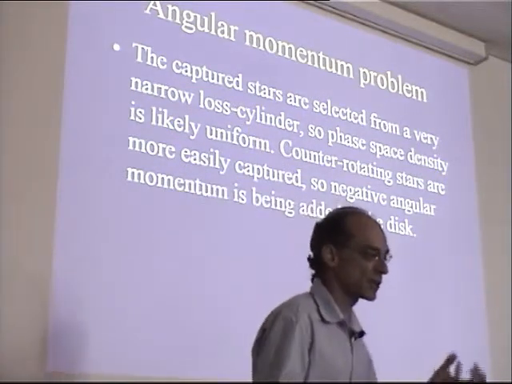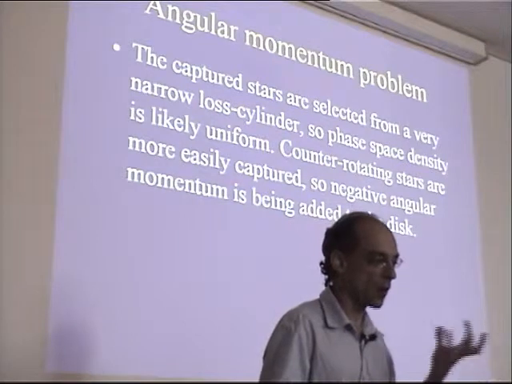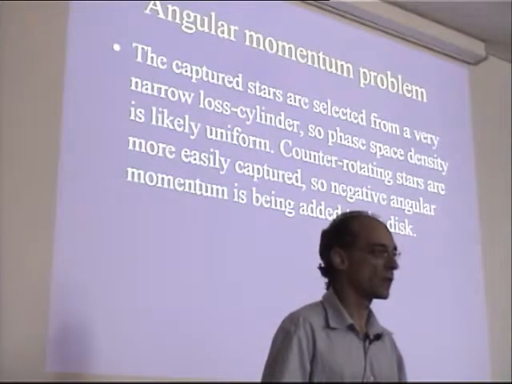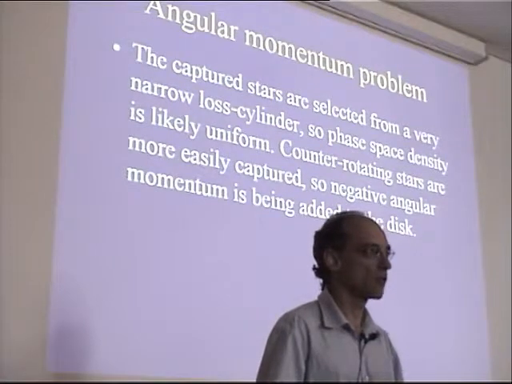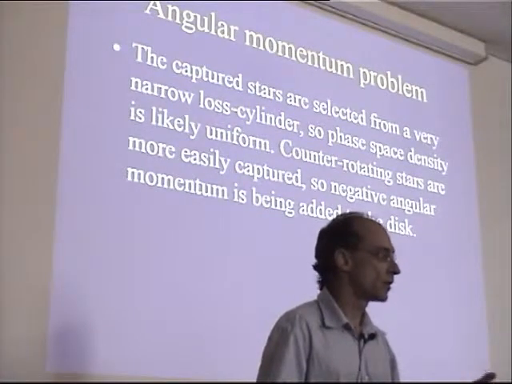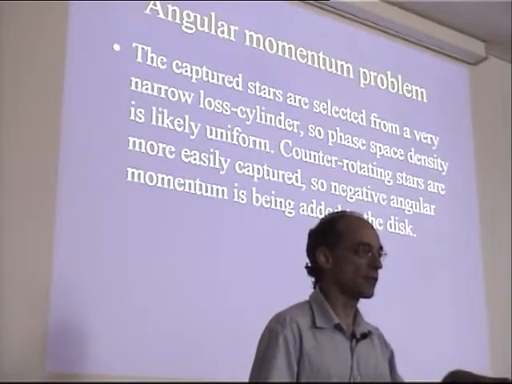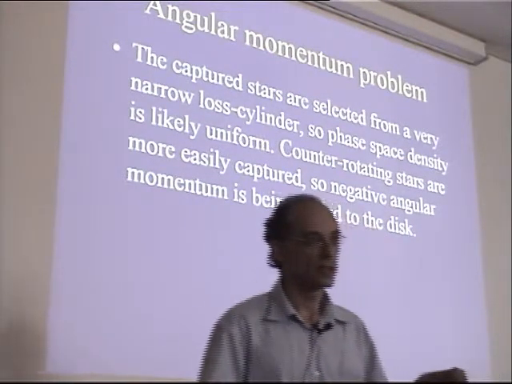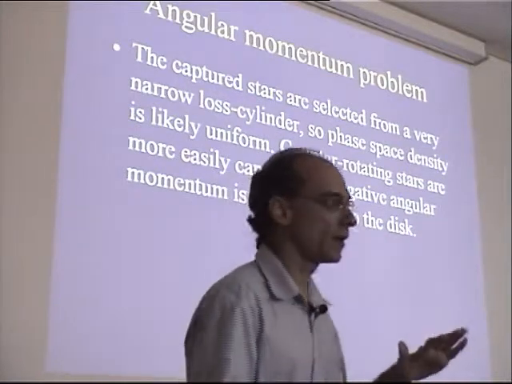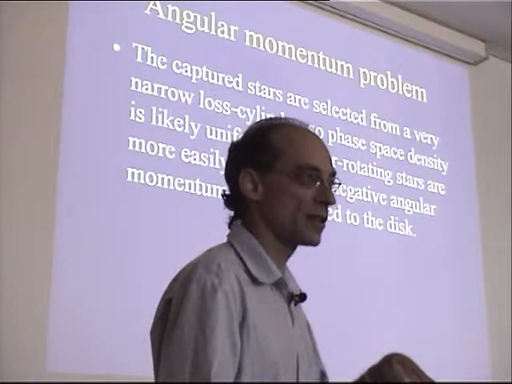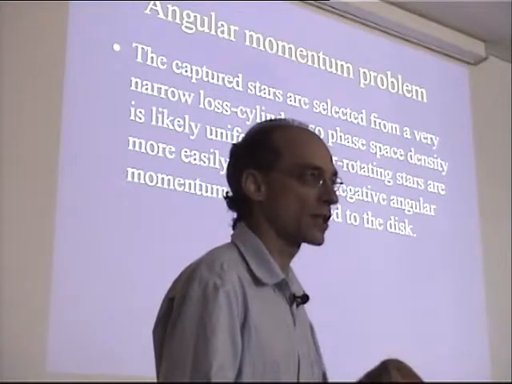Essentially what would happen is if you try to add material with angular momentum opposite to that of the disk, it would accelerate the accretion for a while, but that would not last very long. If you take material from the central part of the disk with negative angular momentum, you would just make a hole in the center of the disk, making the profile more extended with a kind of hole in the center, until the surface density in this region has gone down enough that fewer stars are captured.